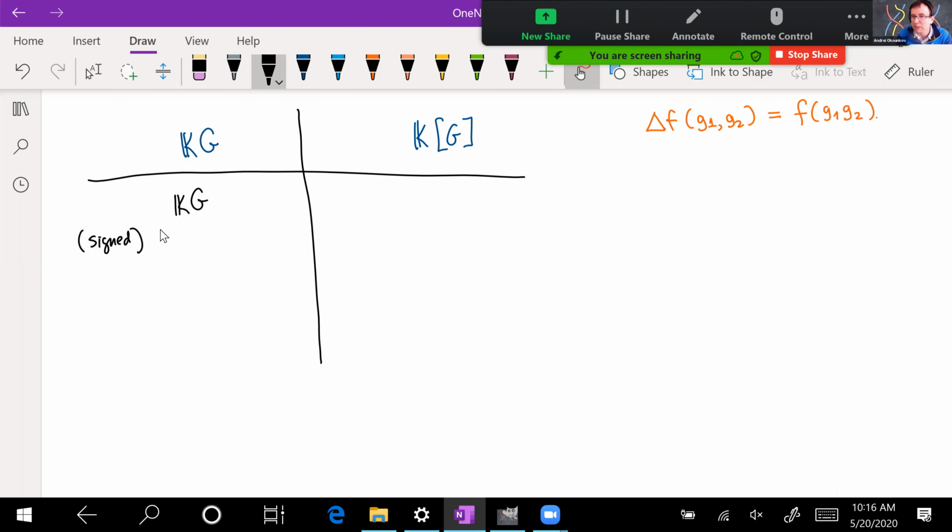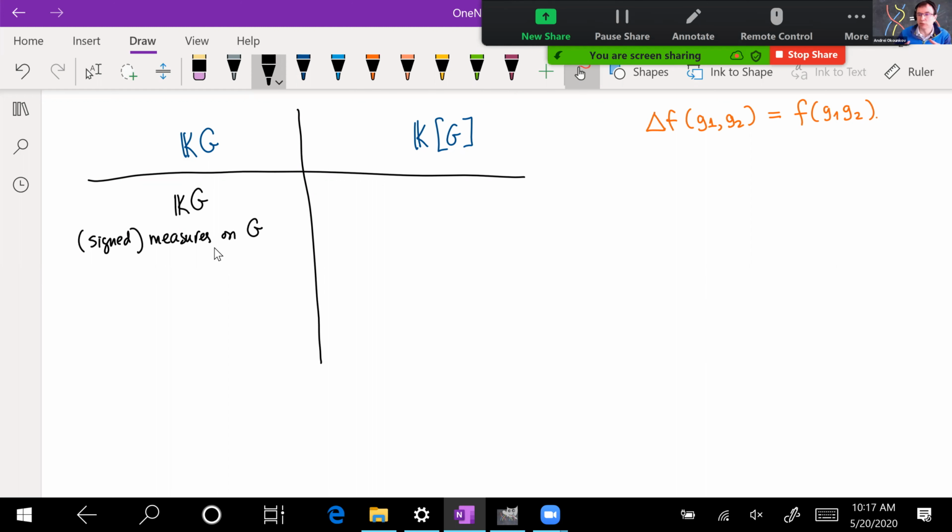Signed means, when you talk about measure, usually we think of something positive. If you forget that condition, then you can take signed measures on G. And the multiplication is as before.